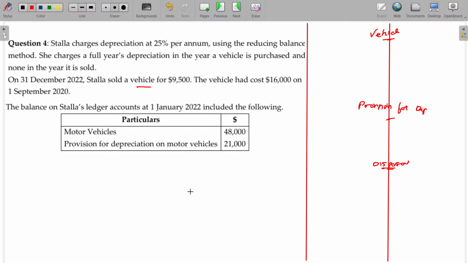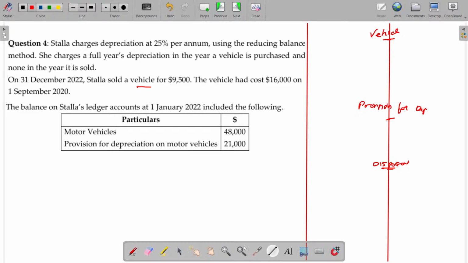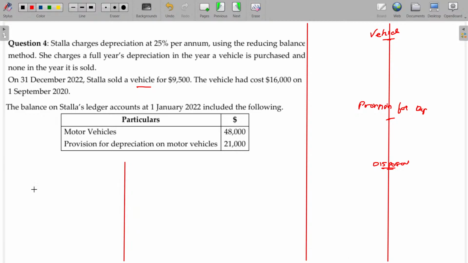Apart from that, you have to calculate depreciation on the asset sold, the asset disposed, as well as the depreciation for all the assets for the current year.